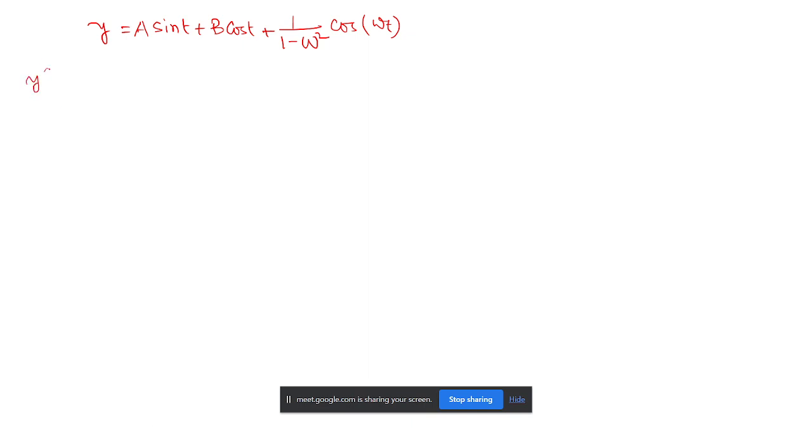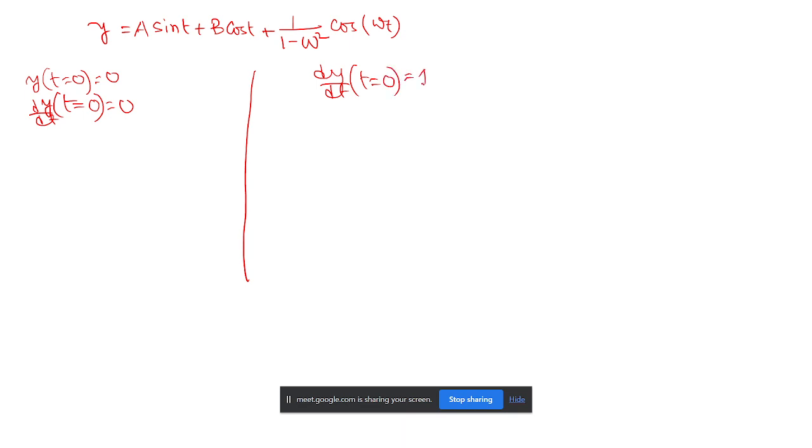One, you can have y at t equal to 0 and the velocity at t equal to 0 be 0. This is one case. You can also have dy dt at t equal to 0 to be 1 and y at t equal to 0 to be 0. All of them lead to just a modification in these a and b coefficients.